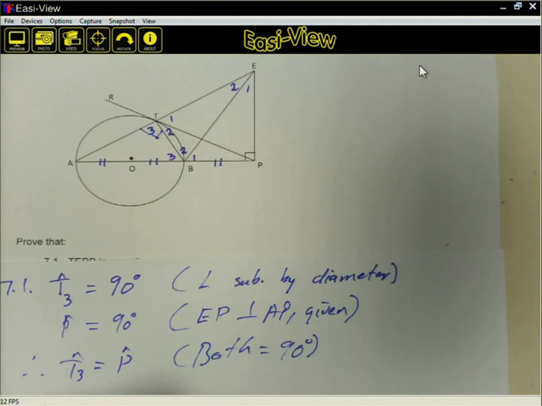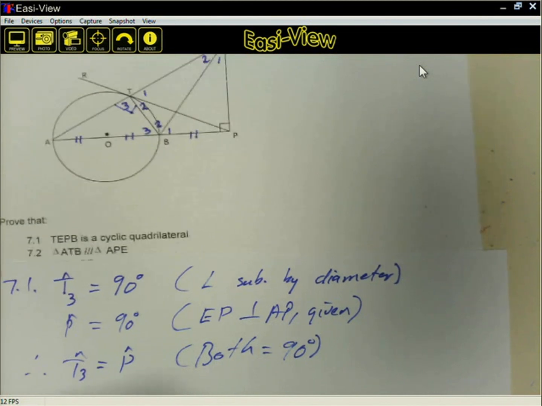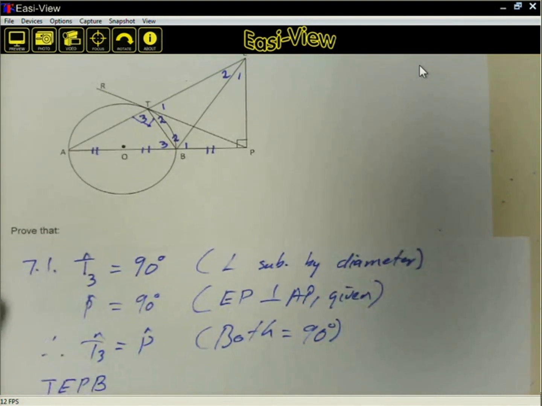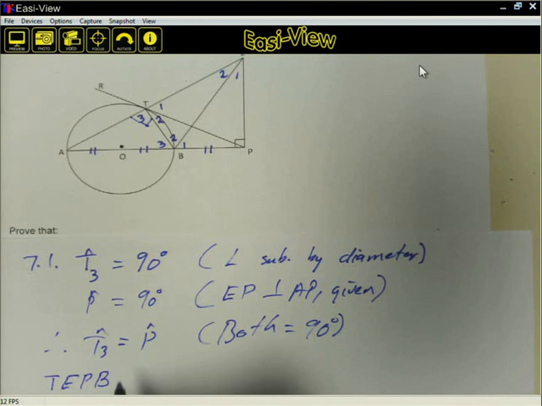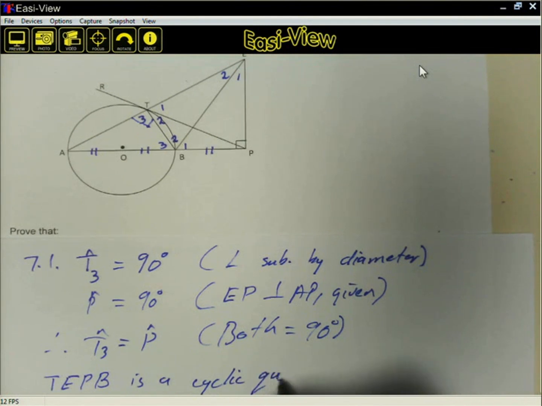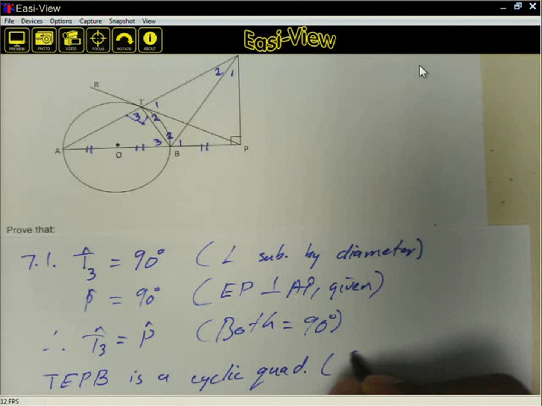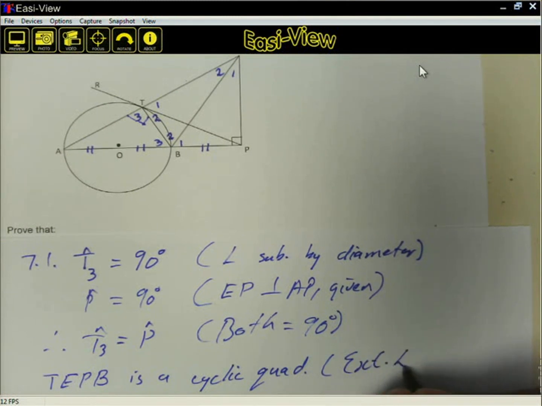Therefore, we conclude, remembering the question, that TEPB is a cyclic quad. Why? Because the exterior angle is equal to the interior opposite angle.